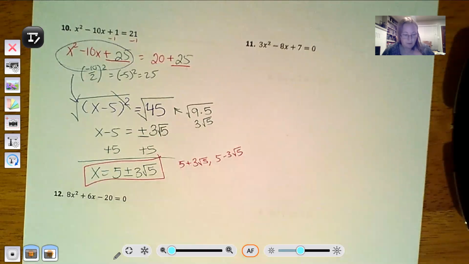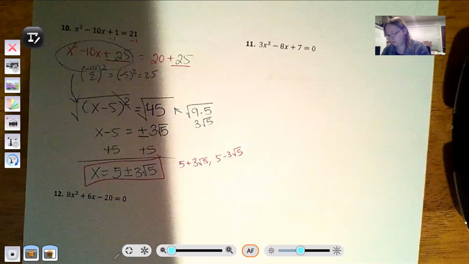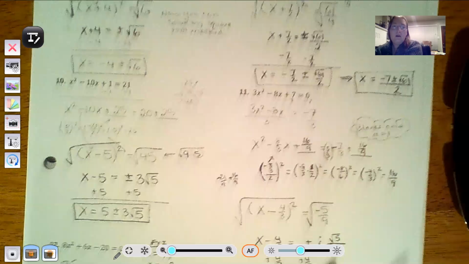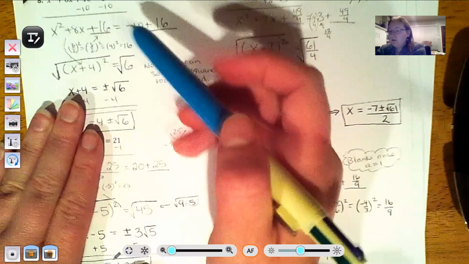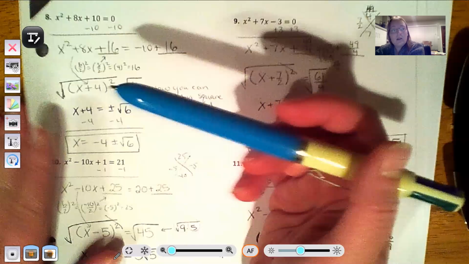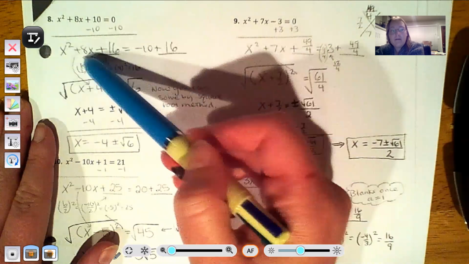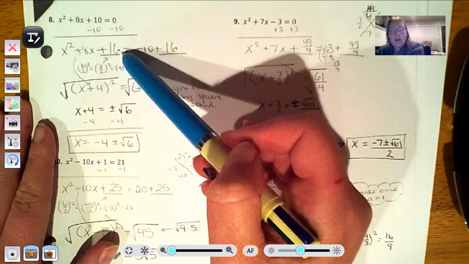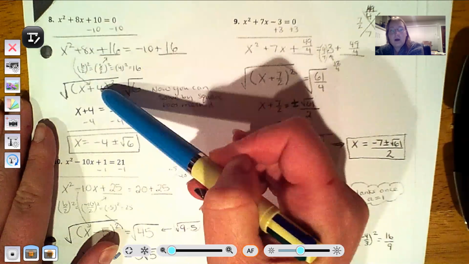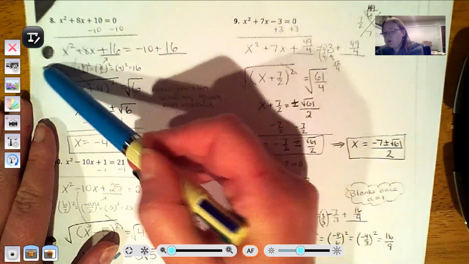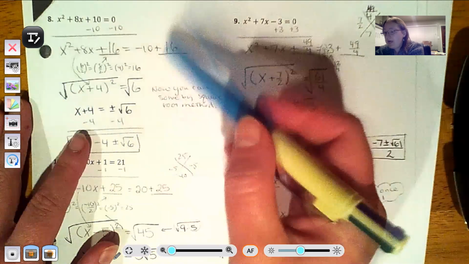So I'm going to project a few others. So here's number 8, and I isolated the x terms, complete the square, half of this and square, and then you can always take half, or you can say, well, what gives you the 16 and adds the 8, 4 and 4, so it's x plus 4 squared.